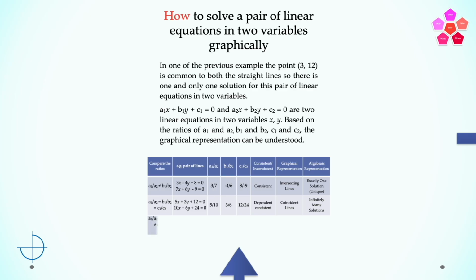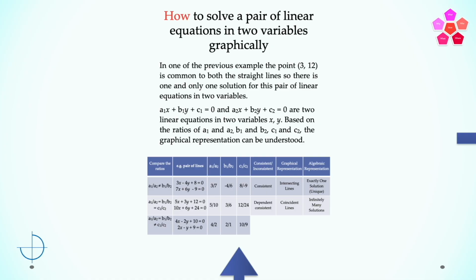The third scenario is a1 by a2 is equal to b1 by b2 but is not equal to c1 by c2. Let's take an example where the two linear equations in two variables are 4x minus 2y plus 10 is equal to 0 and 2x minus y plus 9 is equal to 0. The ratio a1 by a2 is 4 by 2, b1 by b2 is 2 by 1, c1 by c2 is 10 by 9.